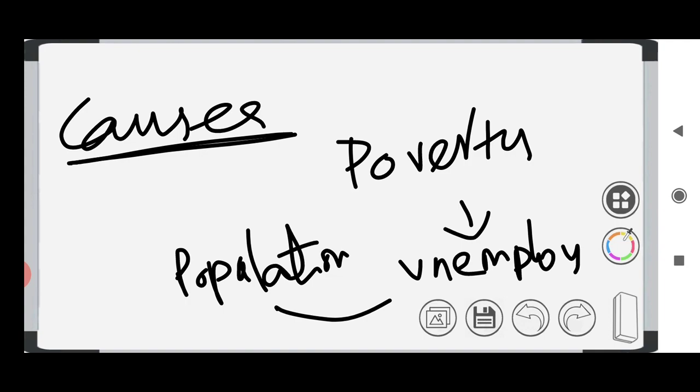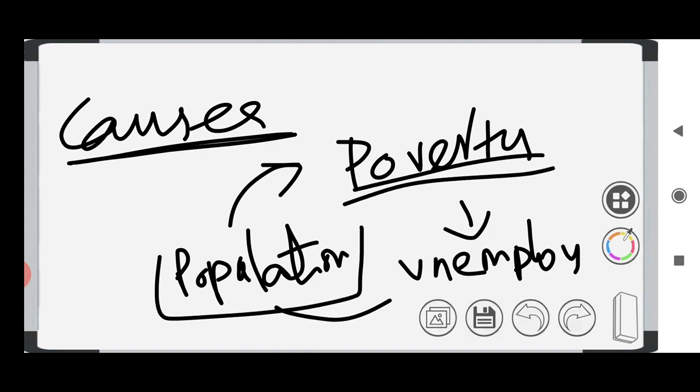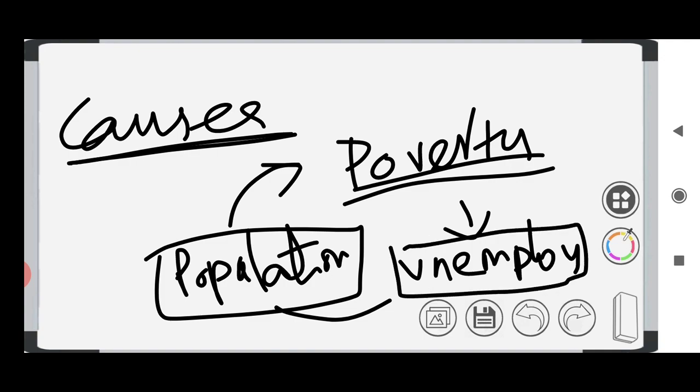Because of this, poverty may happen. So high population is linked with unemployment, and unemployment is linked with poverty. All three are interlinked. So if they ask for the causes of poverty, you can say more population, unemployment, and also illiteracy.